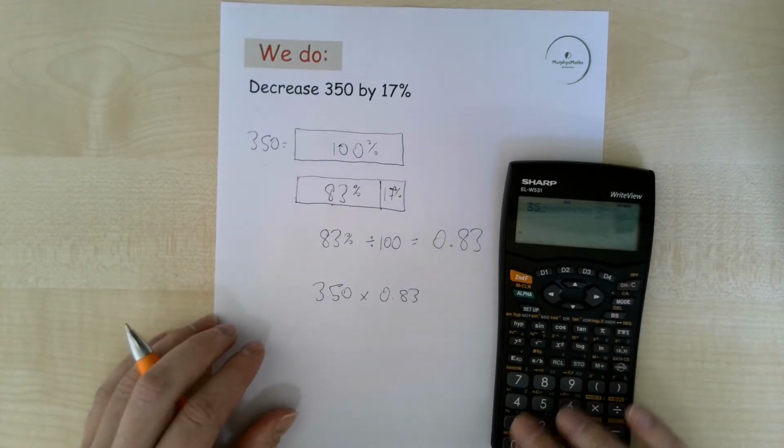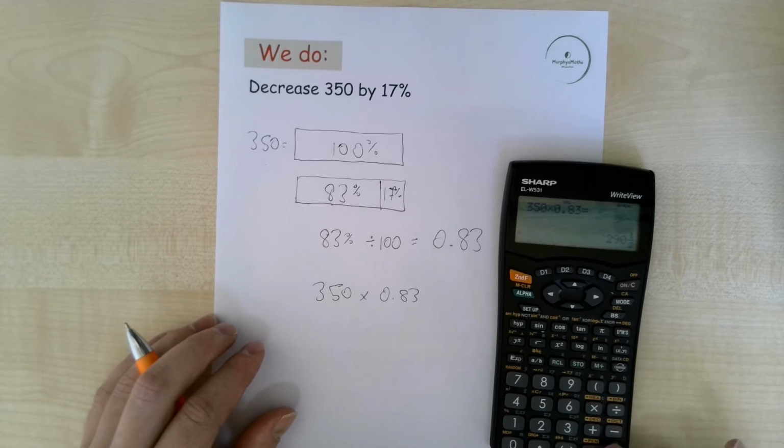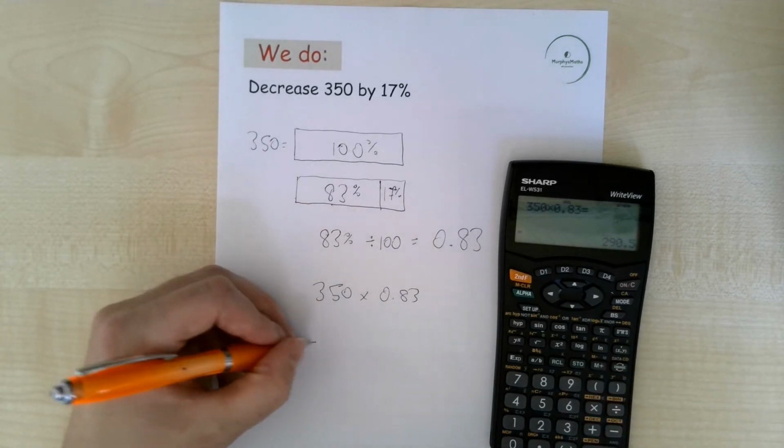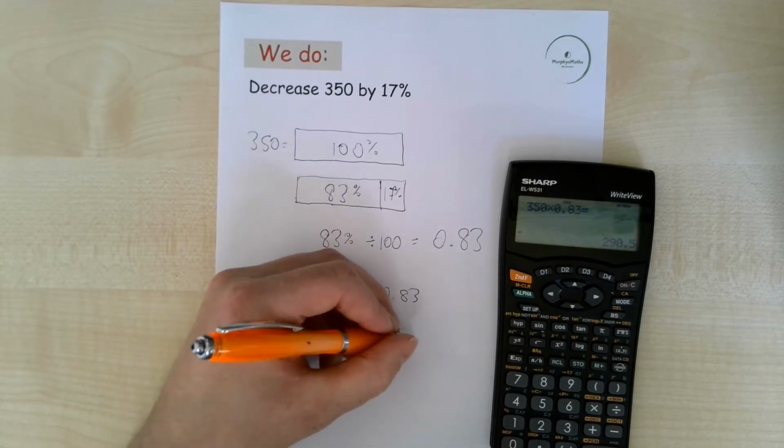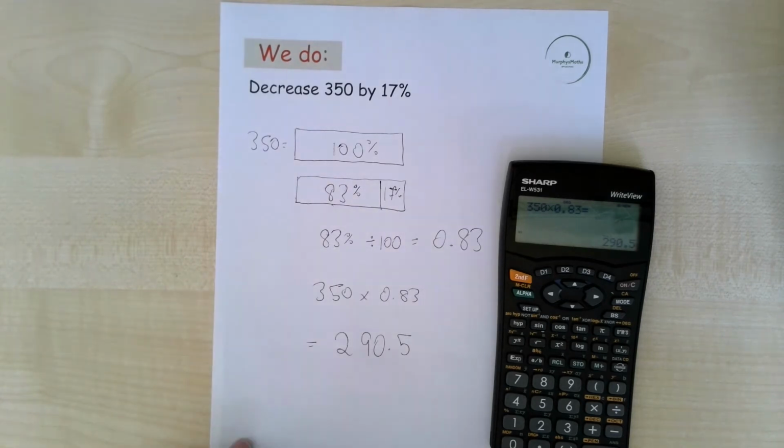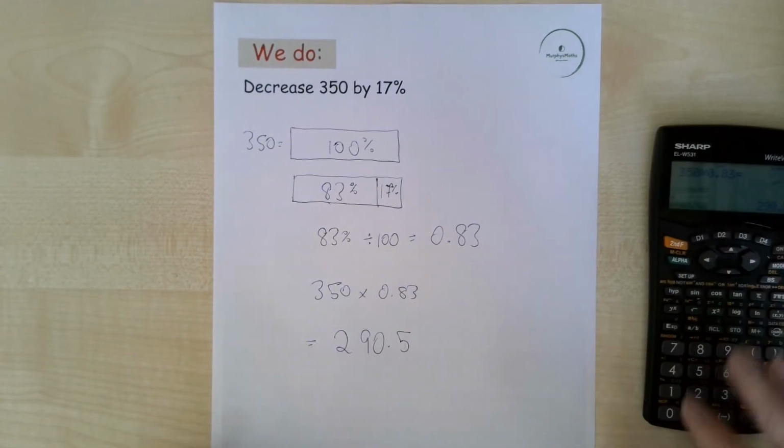So that was 350 multiplied by 0.83, and here's my answer, 290.5. Again, it's not money, so I don't need to put an extra decimal place in. 0.5 is absolutely fine. So that's what a decrease looks like.